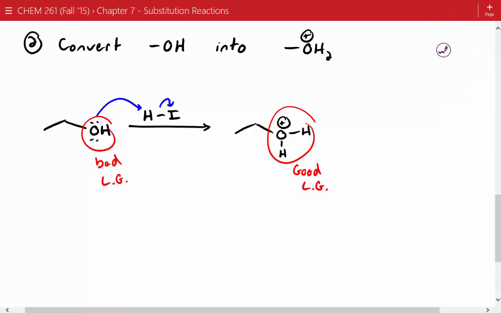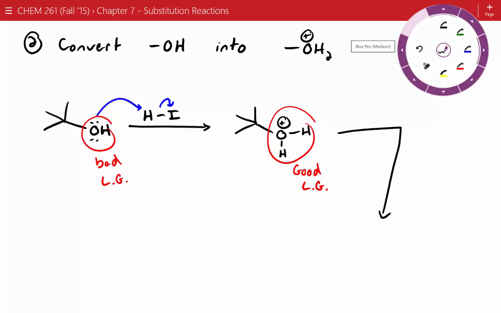Actually, let's add on a couple more groups to make this an SN1. All right, so we've got a good leaving group. It's attached to a tertiary carbon. What do you think will happen if we've converted that into a good leaving group? Yeah, it'll fall off on its own.